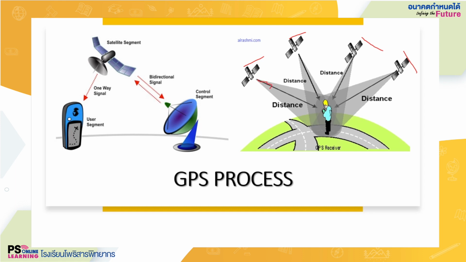They measure the distance between the satellites and the GPS receiver, and also the time of the satellite when they detect the signal. And this information that the satellites detected is sent to the ground station to analyze the position of the satellite and then sent back, using this distance to find the location of the GPS receiver.